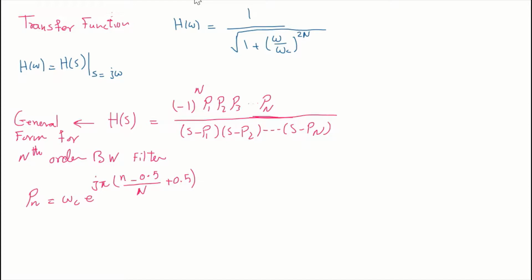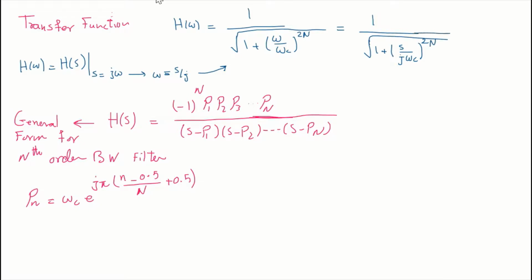So if I isolate omega, omega is s over j, isn't it? And if I replace omega by s over j, then you would have 1 over 1 plus s over j omega c to the power of 2n, all right?